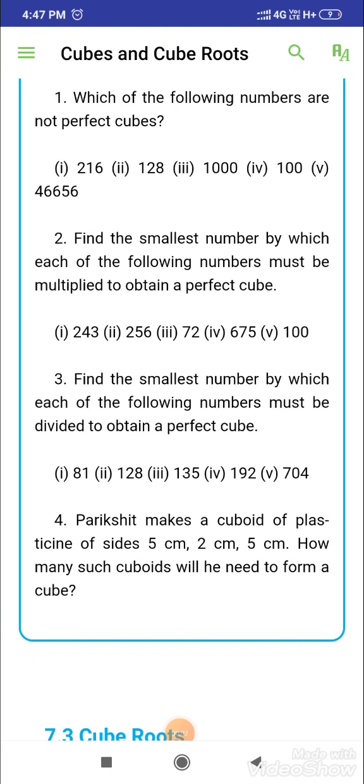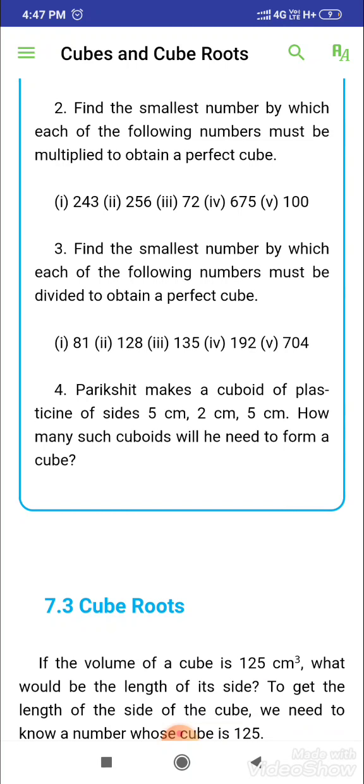In this way you can solve the remaining parts of this question, and the fourth question is: Prakshit makes a cuboid of plasticine of sides 5 cm, 2 cm, 5 cm. How many such cuboids will he need to form a cube? In this question, first we find the volume of the cuboid that Prakshit made, and the volume of a cuboid is length multiply by breadth multiply by height.